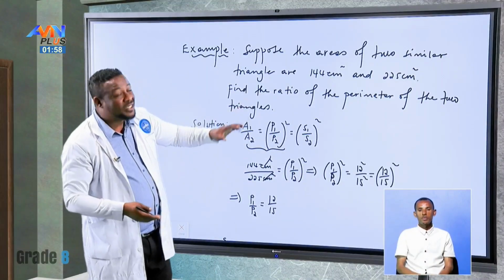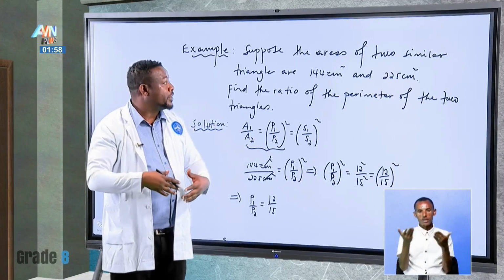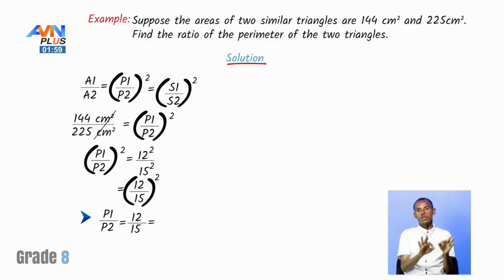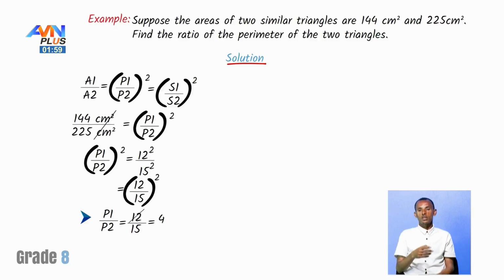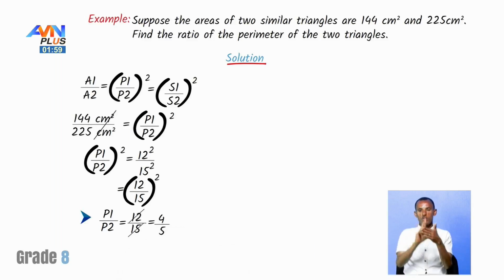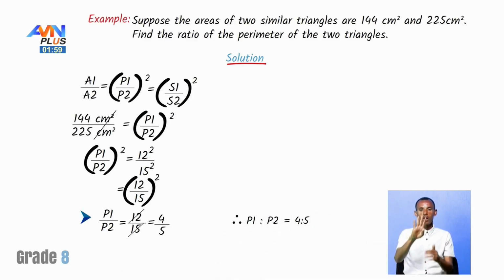But we are asked for the ratio, and whenever you write a ratio, you need to put it in the simplest form. So 12 by 15, dividing by 3, gives 4 by 5. Therefore, the ratio of P1 to P2 is 4 by 5.